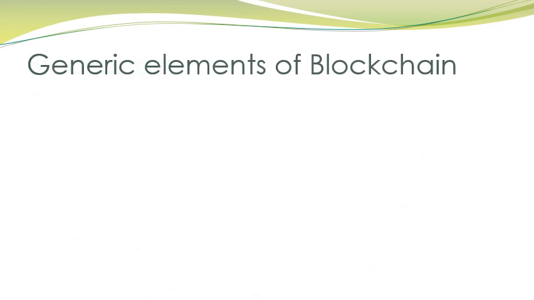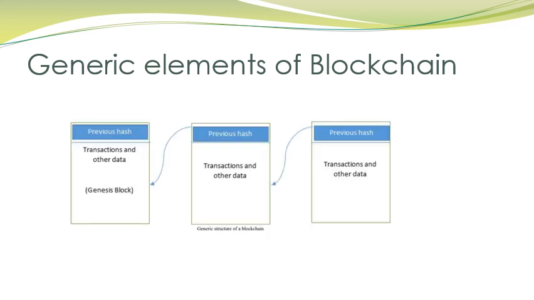In this session we go into more technical details of blockchain. We have to study the generic elements of blockchain. You can see these blocks are linked through hash values. The first block is called the Genesis block. The blockchain contains this Genesis block, then there is a next block, and this next block is linked to the previous block.